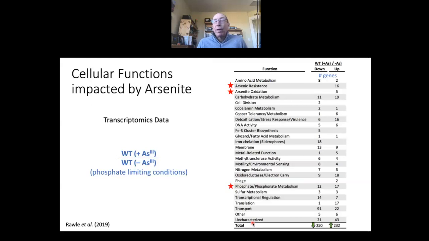Just to start, we expected to see differences in the arsenic resistance genes, oxidation, and also phosphate response genes, because we were using conditions to trigger those. We also saw changes in amino acid metabolism, carbohydrate metabolism, copper and iron chelations, and nitrogen and sulfur metabolism. So we saw fairly broad changes in these cells, as well as transport proteins.